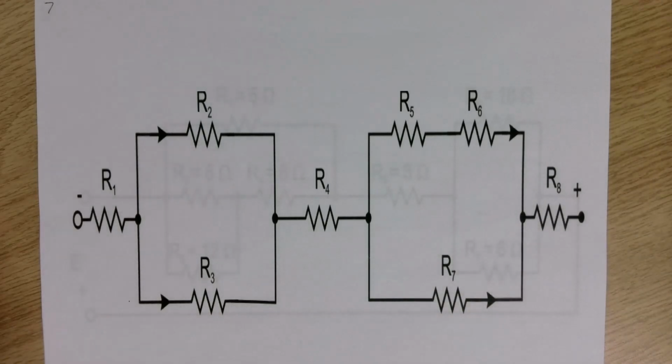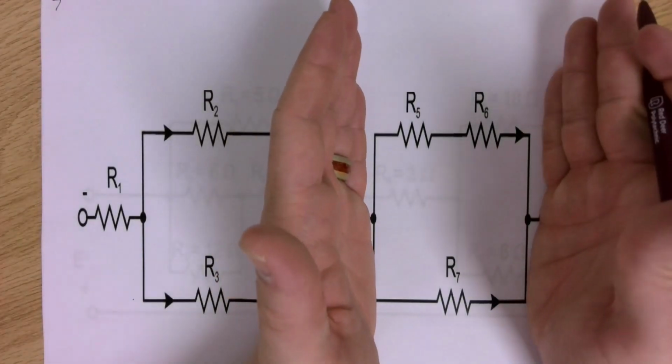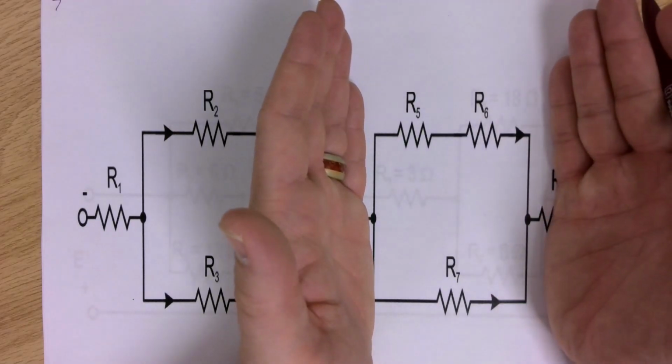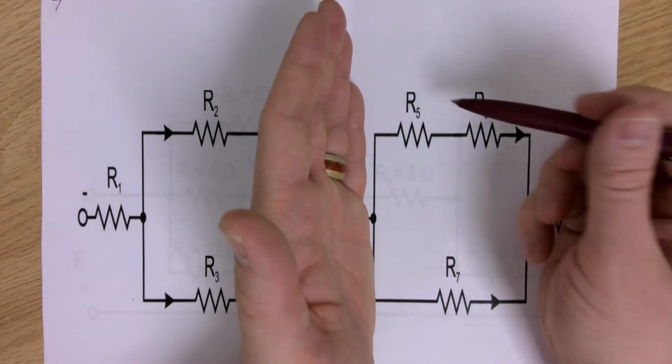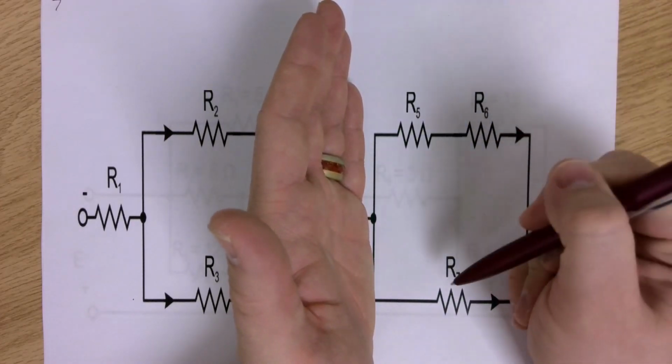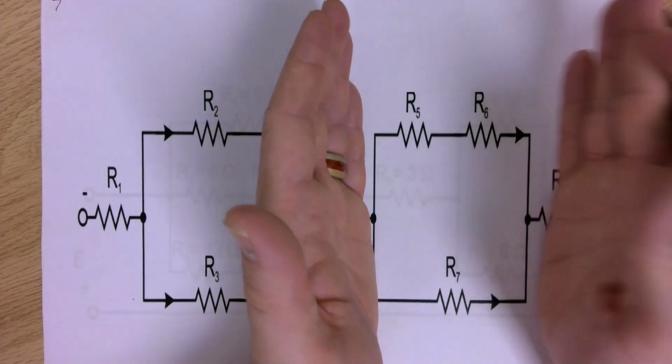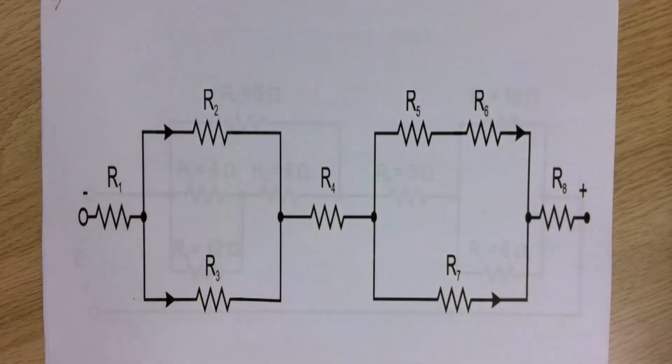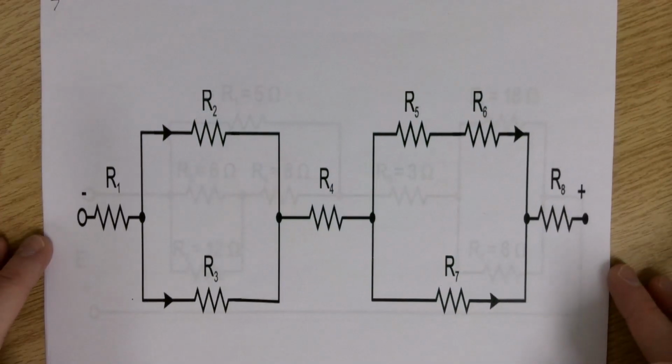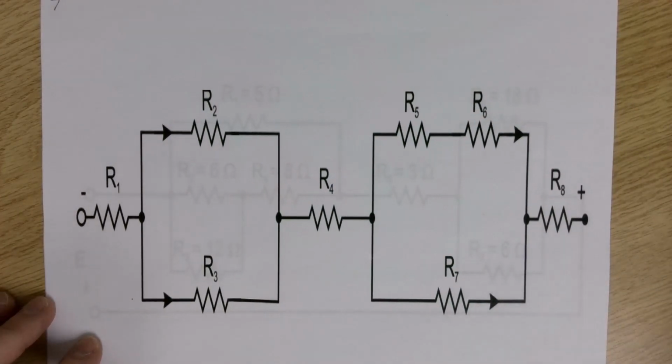It's very easy to mix up the rules for series with parallel, and it's good to simplify things. It's good to look at one part of the circuit, such as R5, R6 in parallel with R7, simplify things and then bring them back out to the initial diagram, to the initial problem.